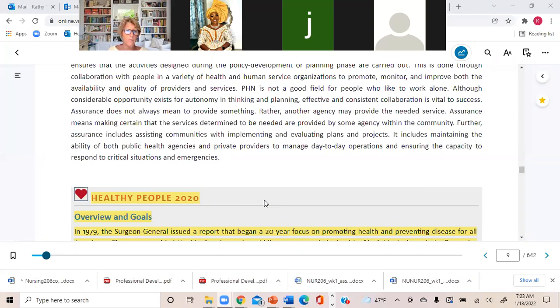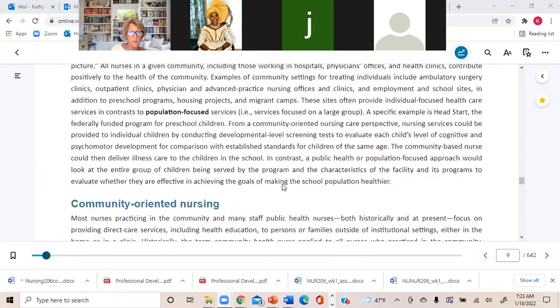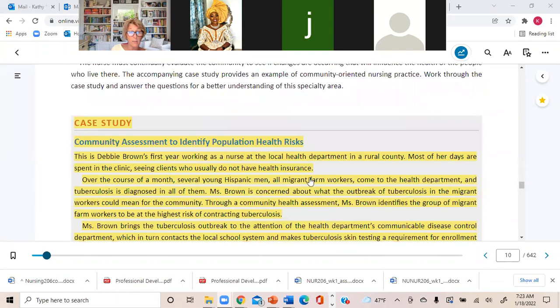The things you should be reviewing for the chapter preparation are the objectives. You always want to review the Healthy People 2020 box and the levels of prevention box, and we'll go through that in a minute. I sent you the answers to 2 of the learning exercises in these chapters. I sent you the case study.